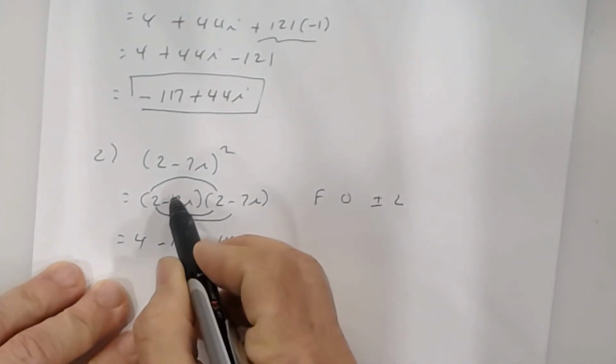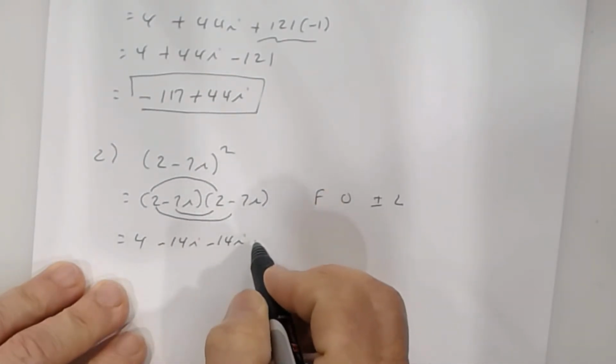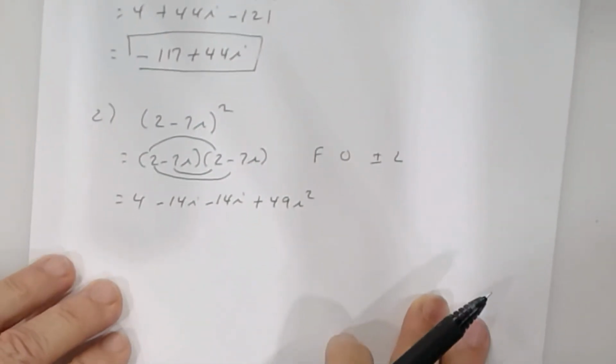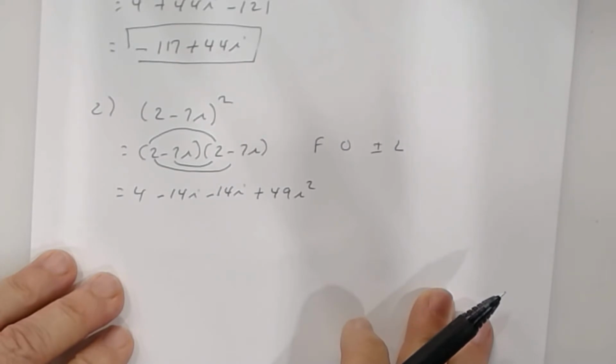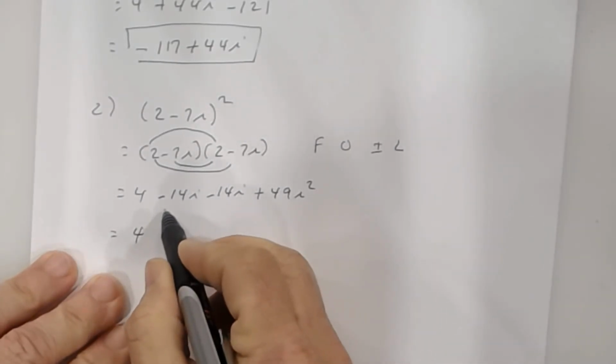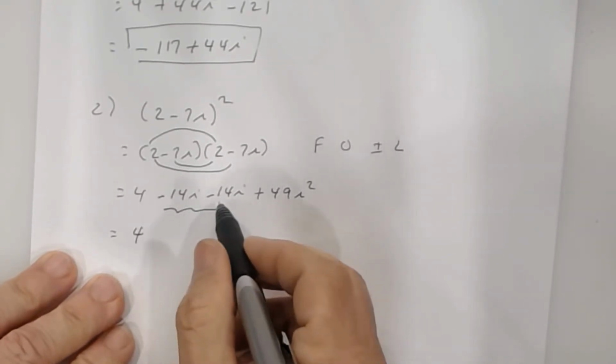And the last, what's a negative times a negative? Positive. So what's 7i times 7i? 49i squared. So that's what I have. All right, and then you have 4. Let's combine these two terms. They're like terms. What's a -14i and a -14i?